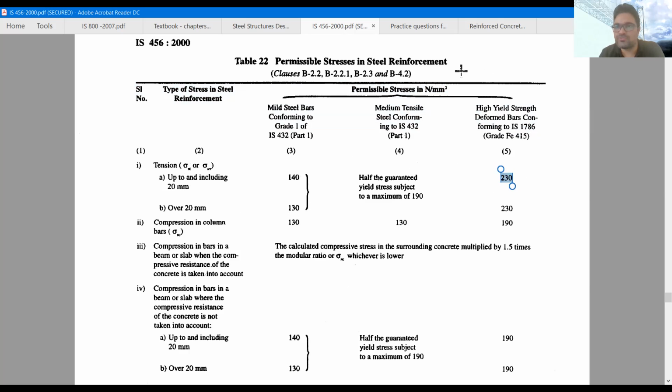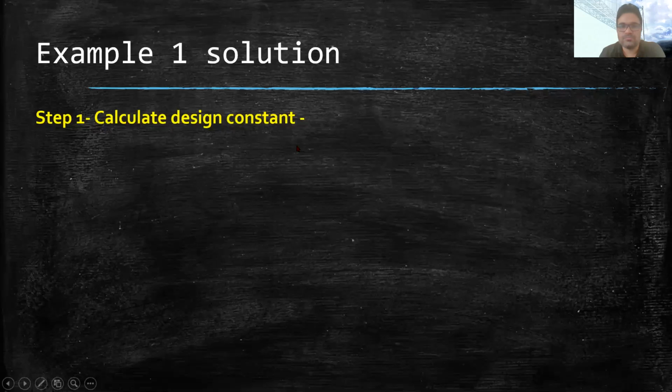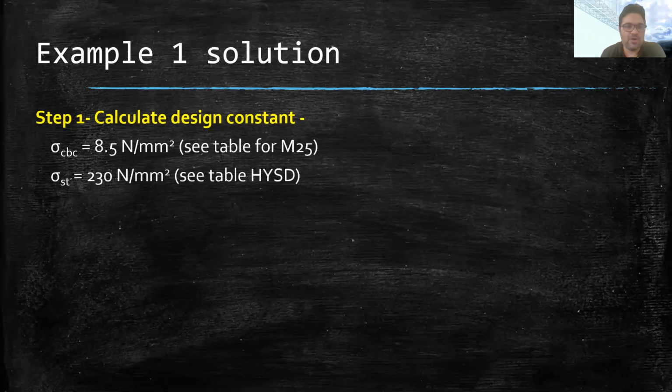So now we will go to the question again. From the IS code tables we found the values of sigma CBC and sigma ST. Now we will find out the values of M and N. First the value of M. We know that the value of M, that is the modular ratio, as per IS code is 280 by 3 sigma CBC. The sigma CBC value we already found from the IS code.